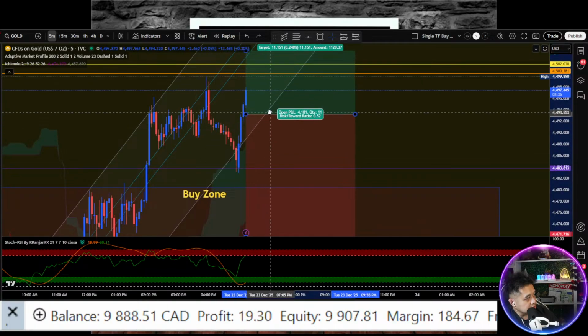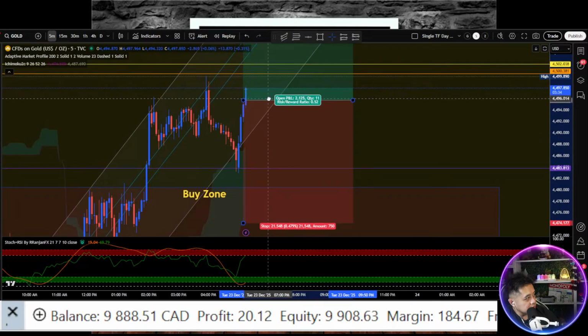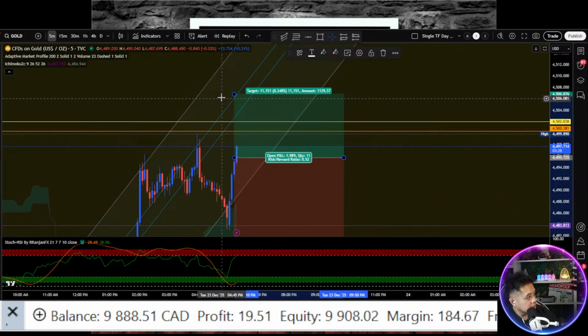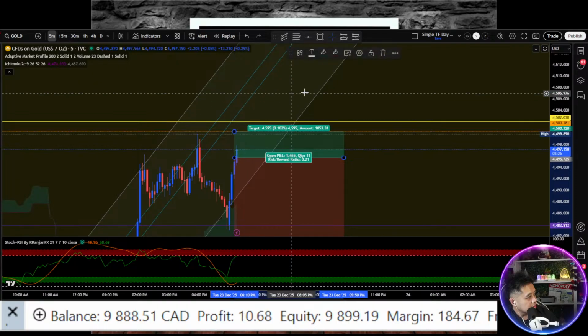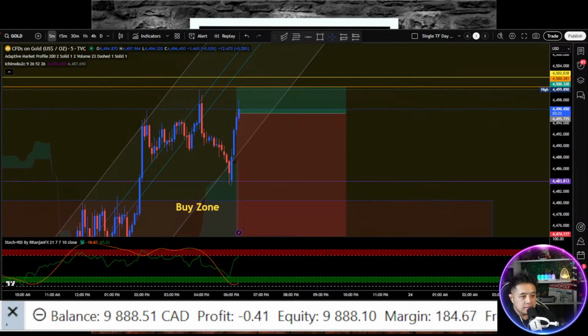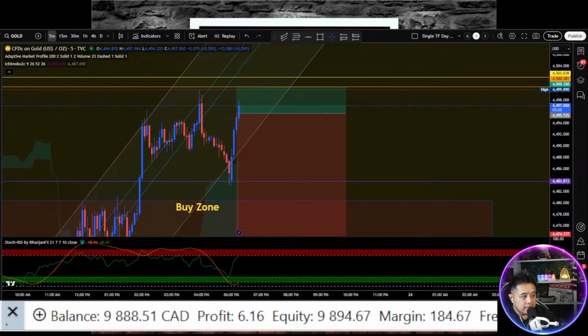Not going to be able to resize this up, but it's somewhere right here on that candle. Oh, yeah. Is it going to go test 4,500? Is it really testing right now, boys and girls?